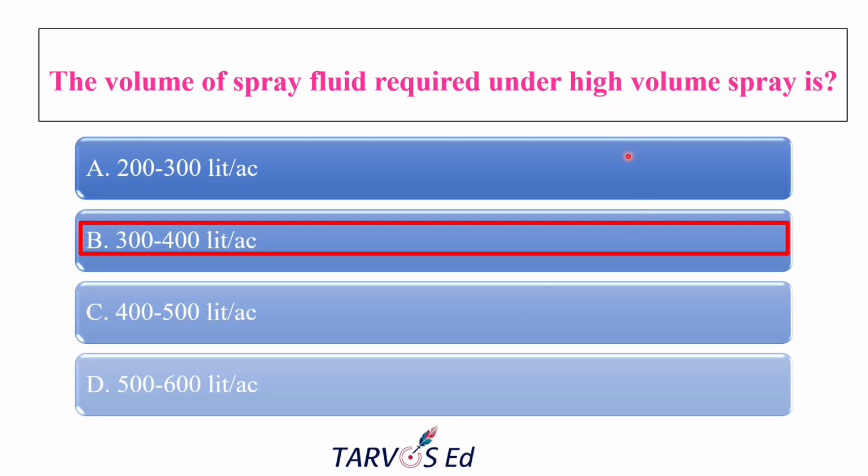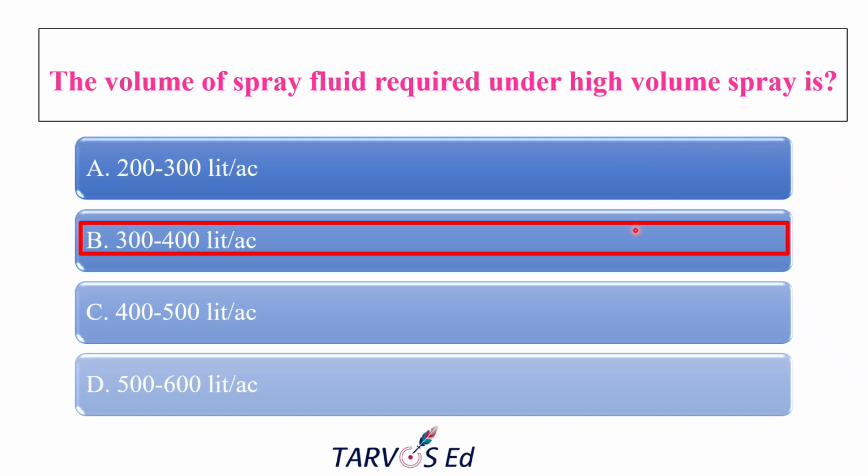For example, high volume sprayers are knapsack sprayer, foot sprayer, and rocker sprayer and all. They are very big in size and can accommodate a very large quantity. Then low volume sprayer means power sprayer and mist blower. Power and mist, PM. Just remember PM for low, right?